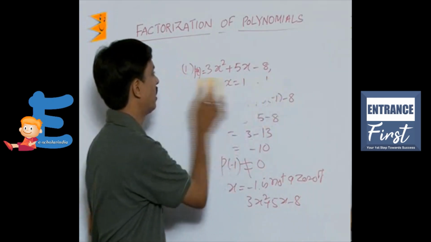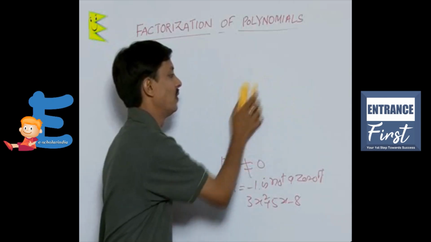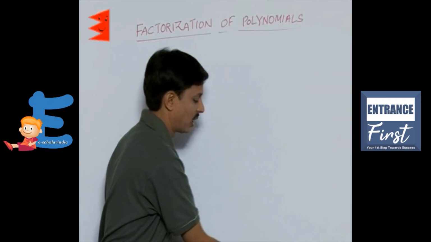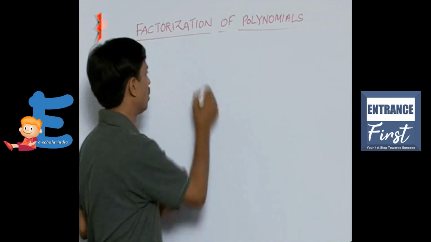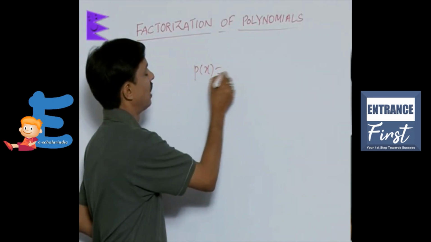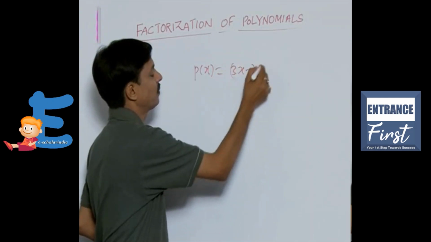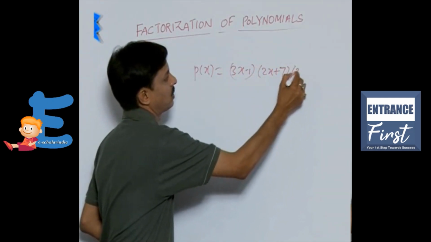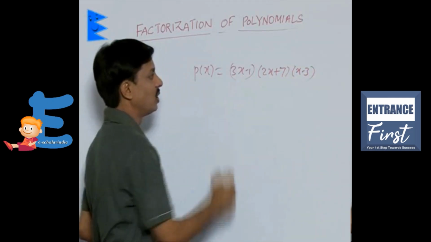Similarly, I can take the reverse of it: a polynomial is given and we want to trace what are its zeros. Suppose a polynomial is (3x minus 1)(2x plus 7)(x minus 3). Find the zeros.